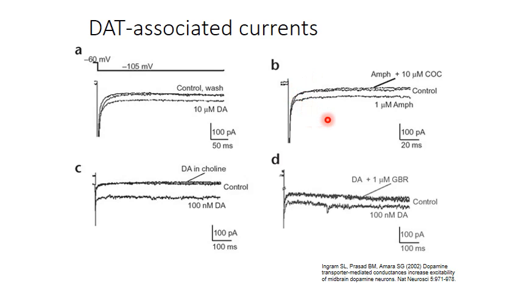These currents can be mimicked by amphetamine because amphetamines bind to the dopamine transporter and activate it, and that can be then blocked or prevented by cocaine, which also binds to the dopamine transporter, but instead it acts as an antagonist to it.